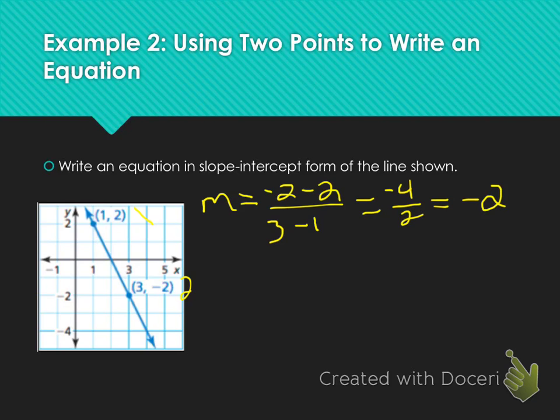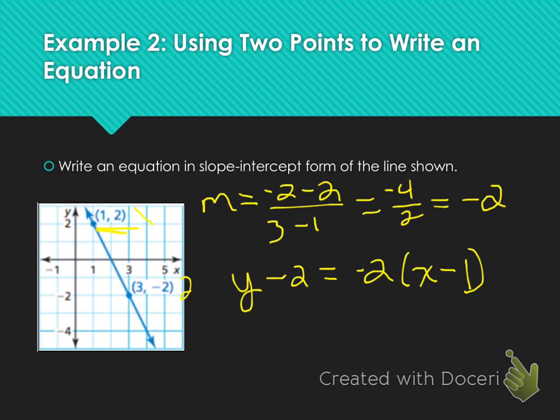So now to write it in point-slope form, I can do y minus y1, which I set up here is 2, equals negative 2, my slope, times the quantity x minus, use the same point, x1, which is 1. So this is going to be my equation.